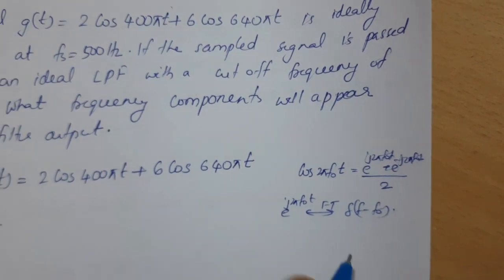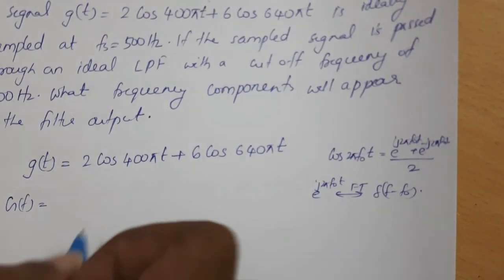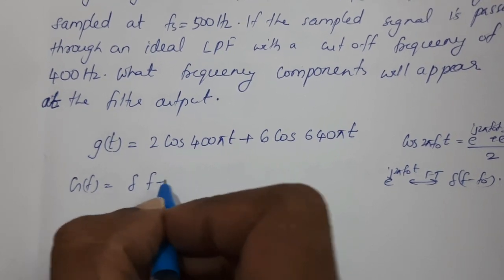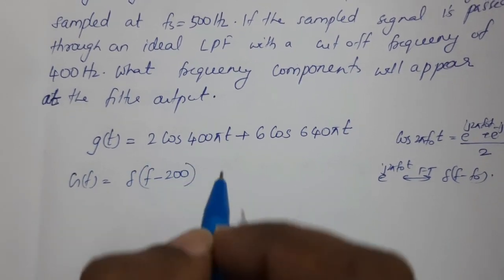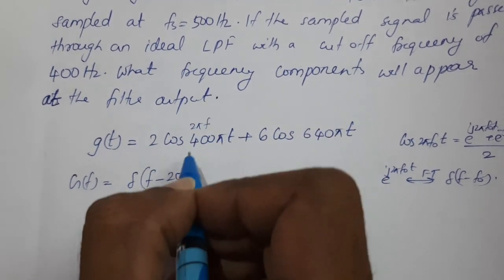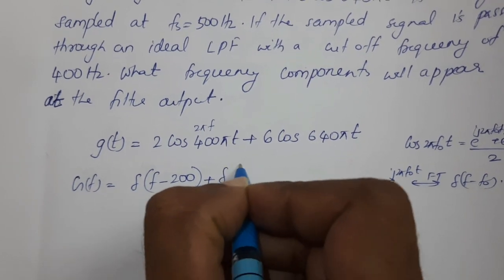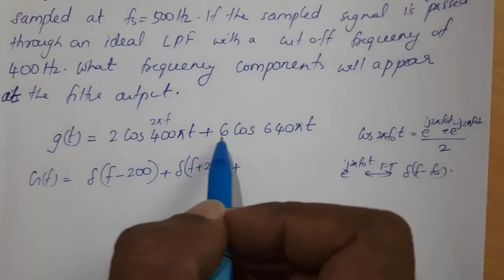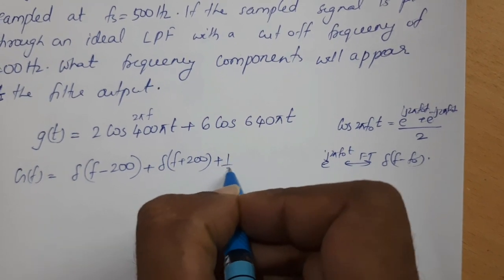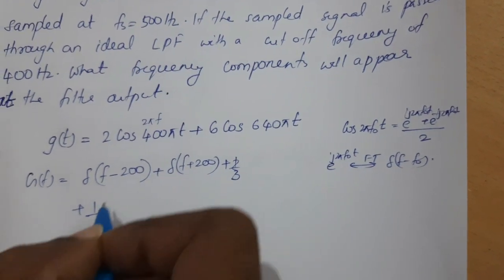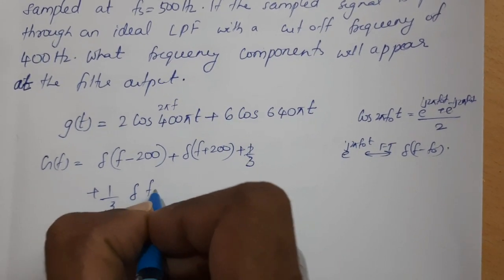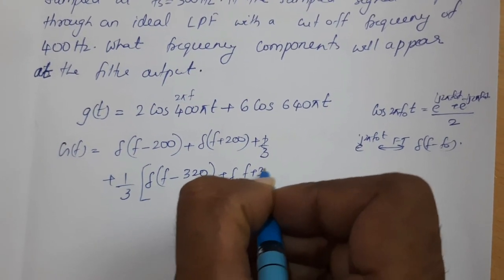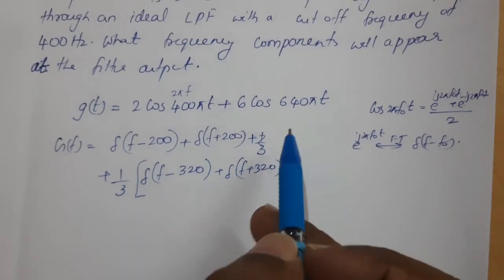If you apply these two properties, you get delta f minus 200 plus delta f plus 200, plus, since 6 by 2 is 3, 3 times delta f minus 320 plus delta f plus 320. So this is the Fourier transform of the given signal.